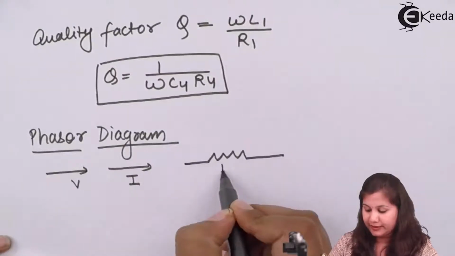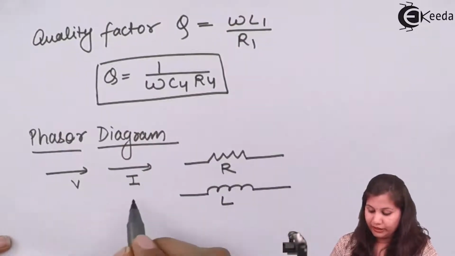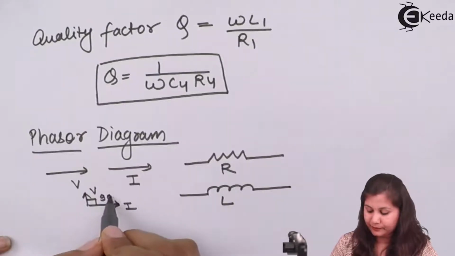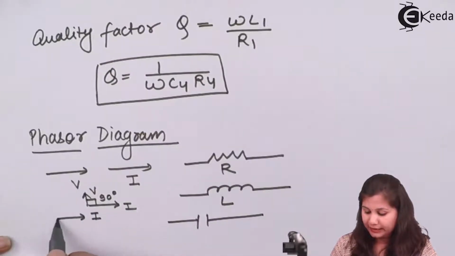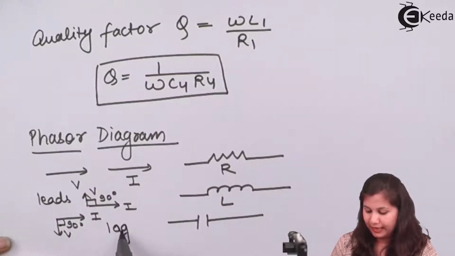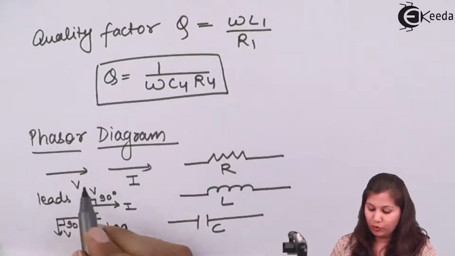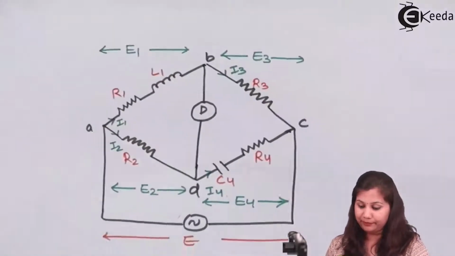In the case of an inductor, the voltage leads the current by 90 degrees, and in the case of a capacitor, the voltage lags the current by 90 degrees. We are going to use this relationship between voltage and current to draw the phasor diagram for the bridge. Now again coming to the circuit diagram.